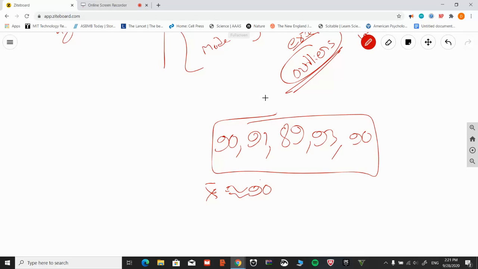But let's say a new student comes in, and the new student flunks terribly, scores a 20. If you go ahead and calculate the mean of this new data set, let's see what it comes out to be. 93 plus 89 plus 20 divided by 6. 473 divided by 6.